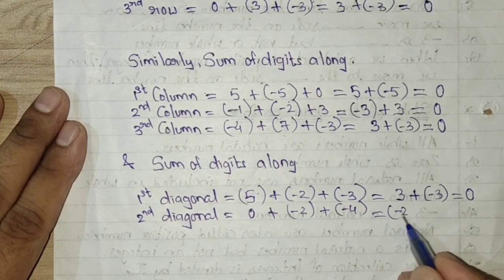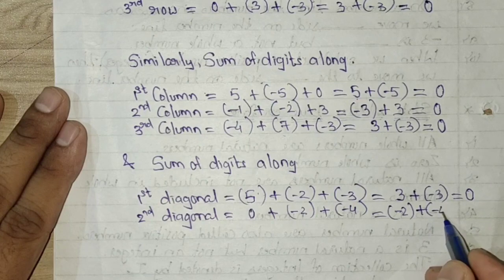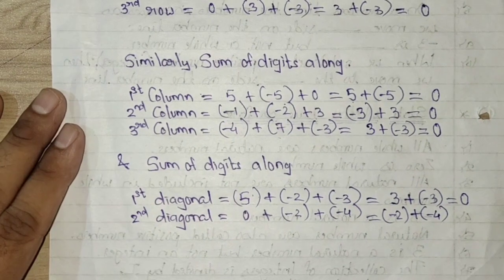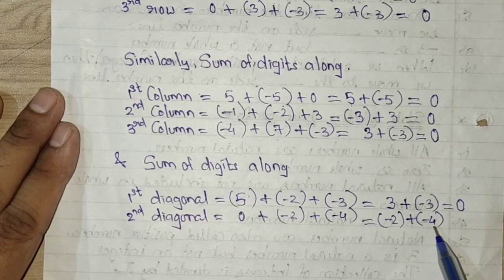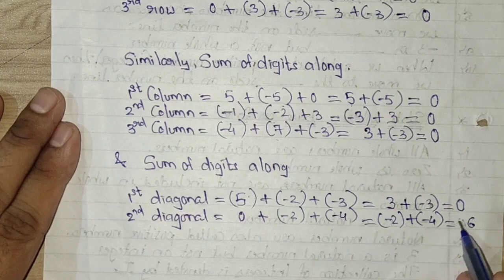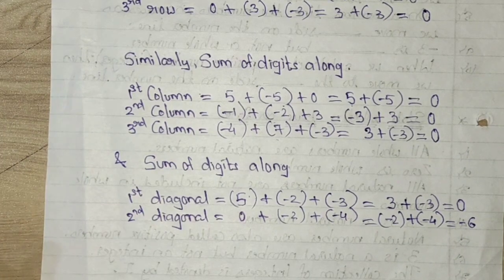We will be left with -2 plus -4. Adding two integers with like signs, what we do? We add them. On adding them, we will get 6 and the common sign will be -6.